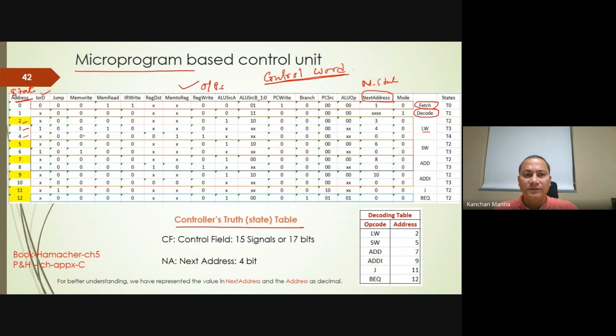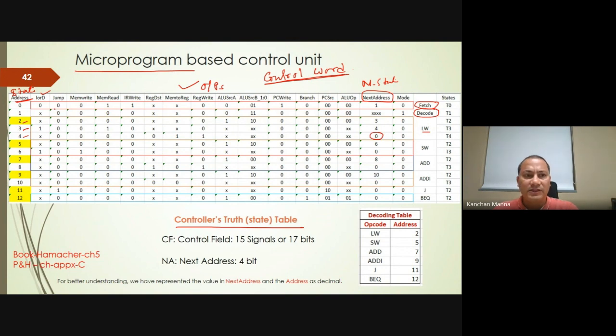Now in the fourth location you can see the next field, which gives the next state. It is written 0 here, meaning that it will start fetching the new instruction.